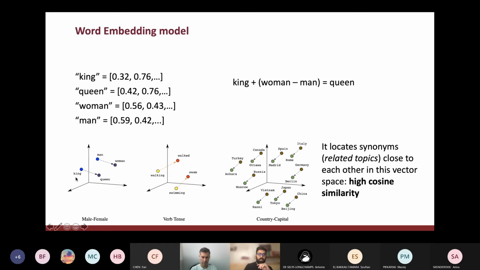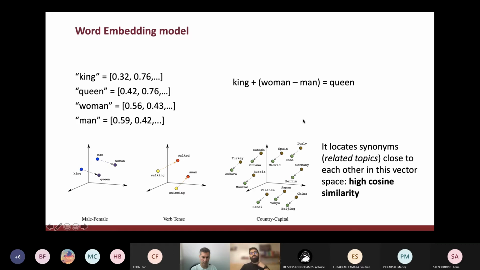For example, here you can see a 3-dimensional space in which there are king, queen, man, and woman. One cool thing we can do is a mathematical operation. If I am at king, and I take the distance between man and woman, and I add it to king, I get to queen.